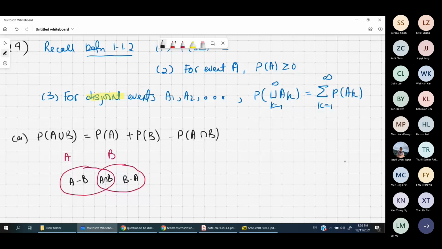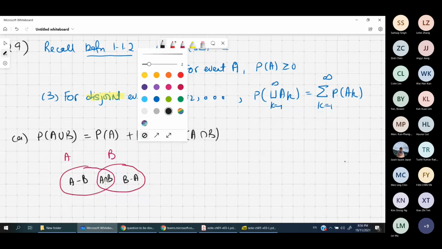If you look at A only, A will be these 2 parts, and B will be these 2 parts here. So then we can calculate. From here, P of A will be equal to, okay, I think maybe I'll do it step by step.